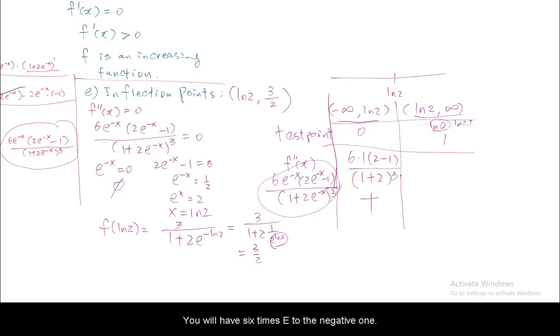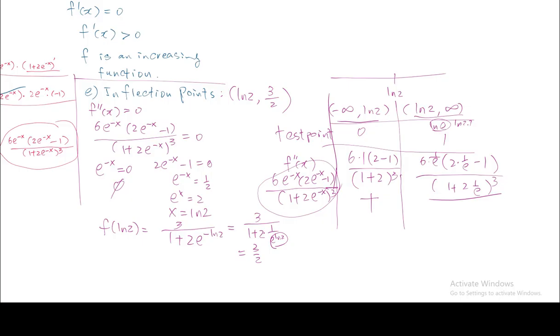Now let's plug in 1 into the second derivative of f. You will have 6 times e to the negative 1, so 1 over e, times 2 times 1 over e, minus 1, over 1 plus 2 times 1 over e, cubed. The bottom is positive. This is positive, just over here. That's 2 divided by e, minus 1.